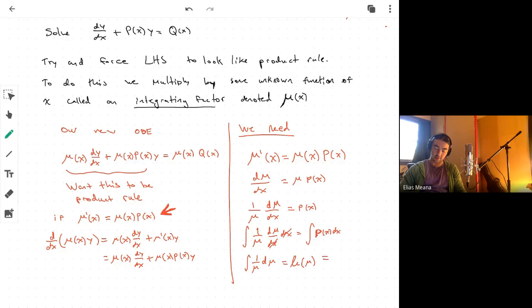Again, I'm not too worried about constants here, or absolute value. So we get natural log of mu is equal to the integral of p of x dx. And so if we wanted to find mu, we would just write mu equals e to the power of the integral of p of x dx.